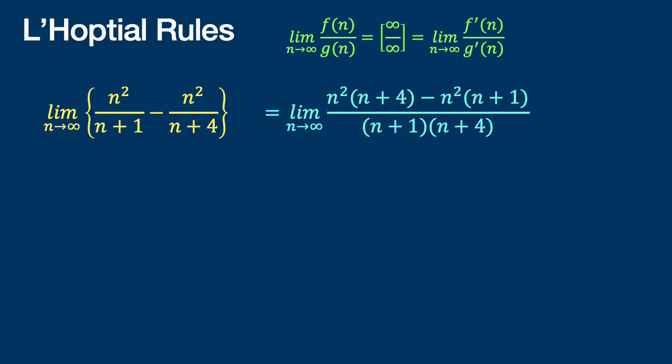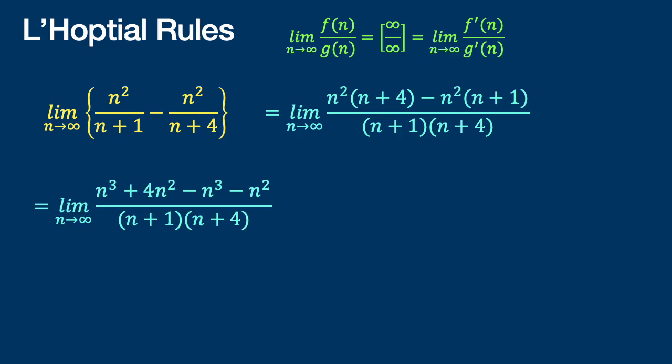Let's distribute: n cubed plus 4n squared minus n cubed minus n squared. The n cubed cancels out, and 4n squared minus n squared is 3n squared. So the top is 3n squared.